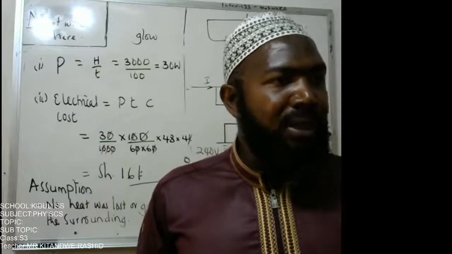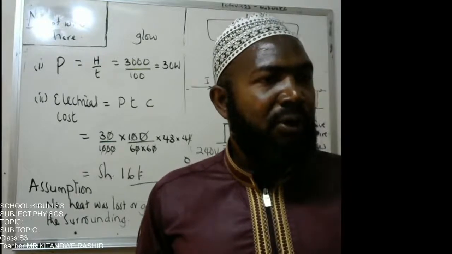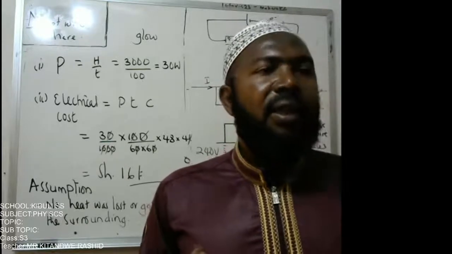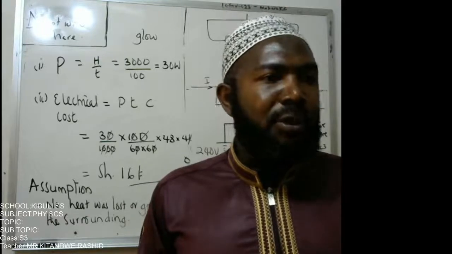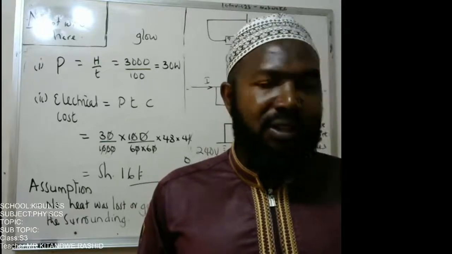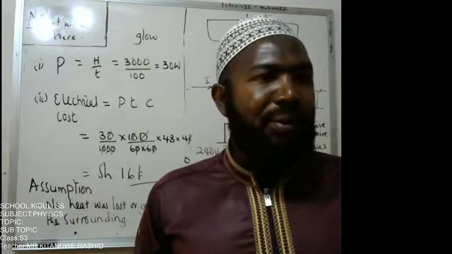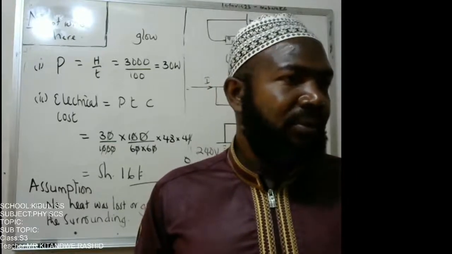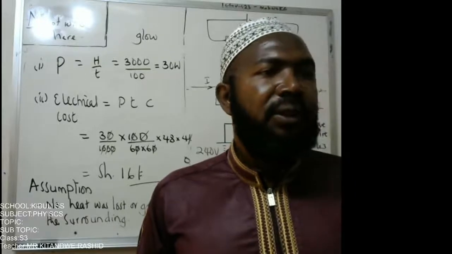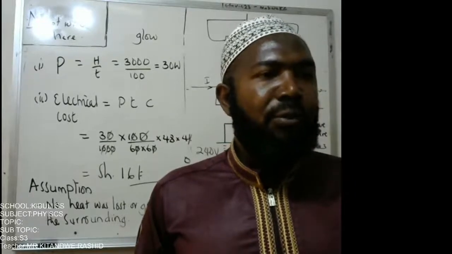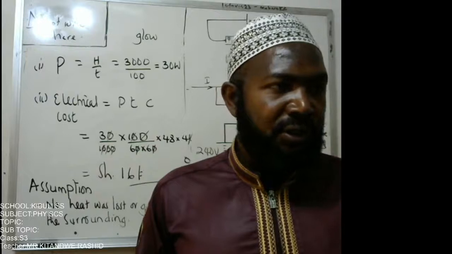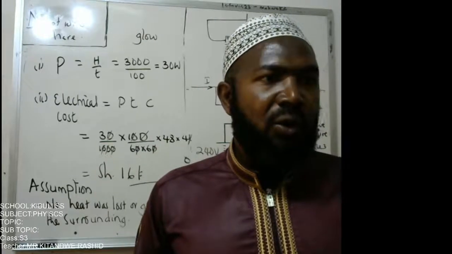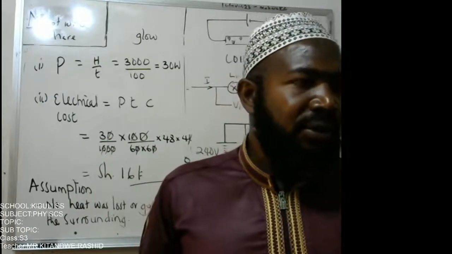You say bulb B1 because A, B, C, D. Then, if bulb B1 blows, you see where B1 is, what will happen to the other bulbs? Lastly, if bulb B2 blows, what happens to the other bulbs?